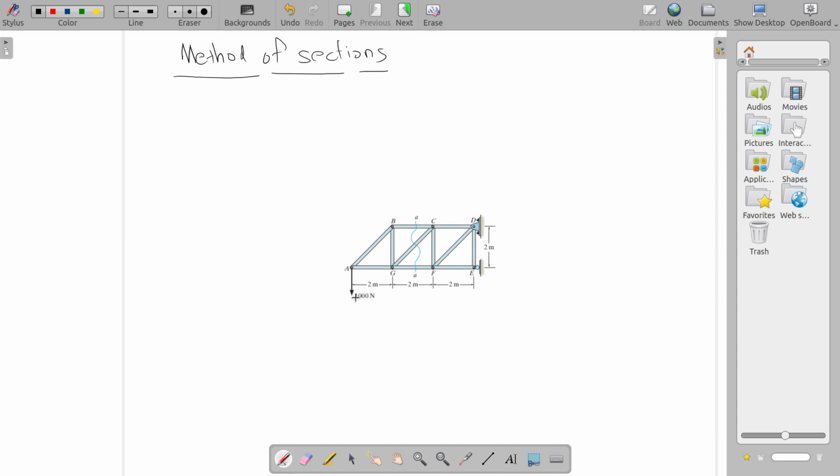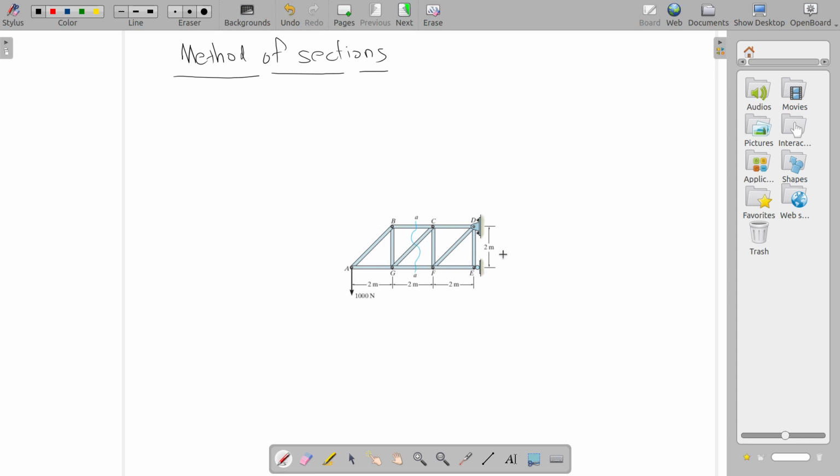An external force of 1000 Newton is being applied on the joint A, and now you can use method of joints, which you already know, to calculate any member forces. Let's say the question is to calculate member forces in, let's say, GC or BC or GF. In that case, what do you need to do?